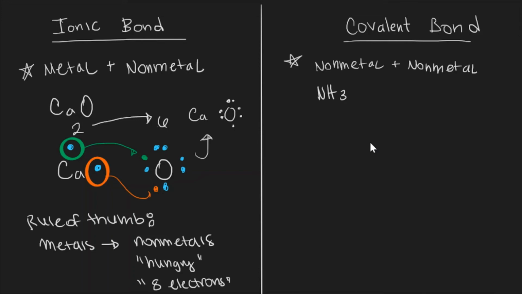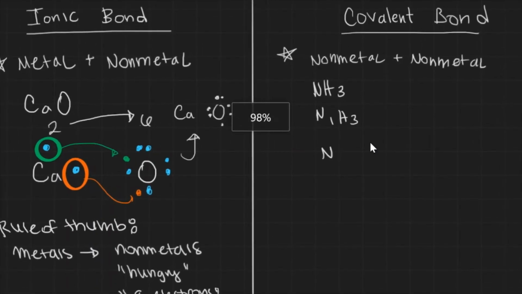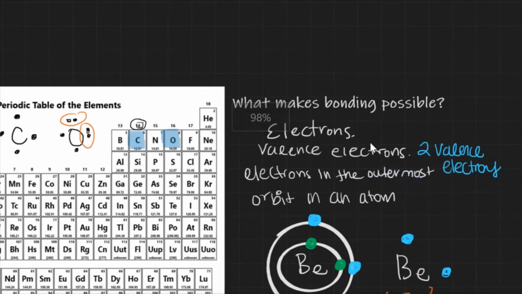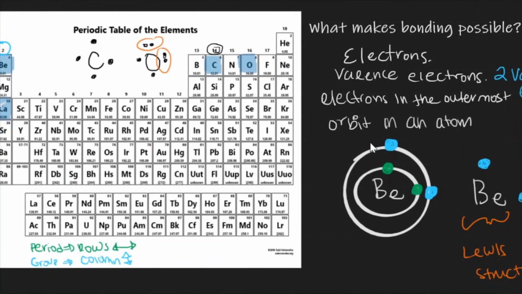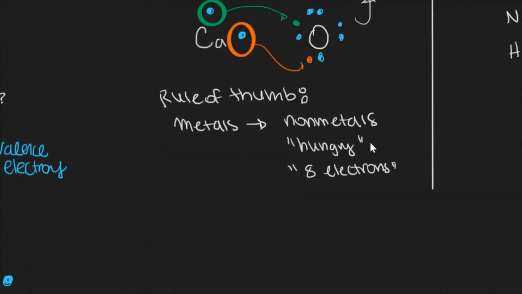So I like to first start by identifying how many valence electrons I'm working with. So I like to write it like this so that I have 1 nitrogen and 3 hydrogens. So I'm going to do the math. Okay, so I have 1 nitrogen, I have 3 hydrogens, and how many valence electrons are in a nitrogen? Well, if we take a look at our periodic table, we can see that nitrogen is right here, and it is in group 15, so it has 5 valence electrons.